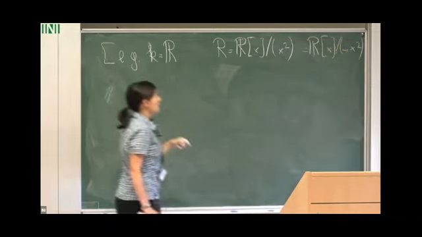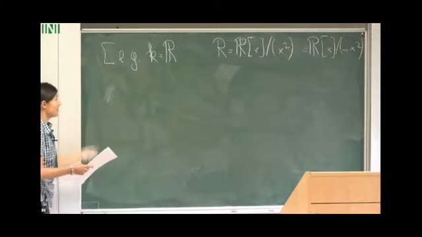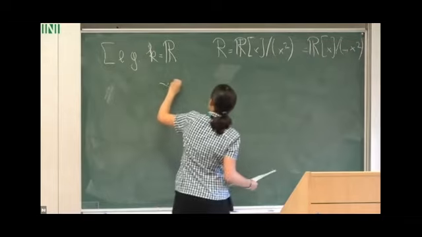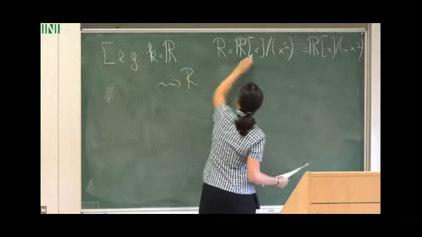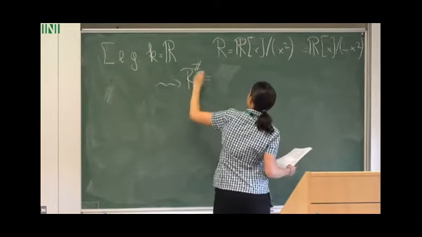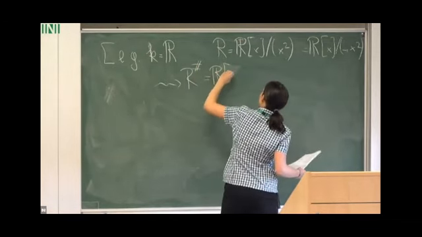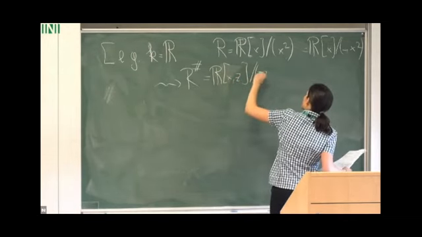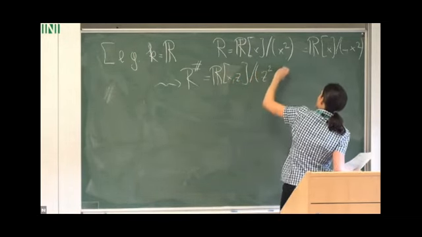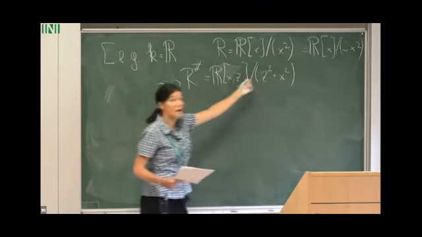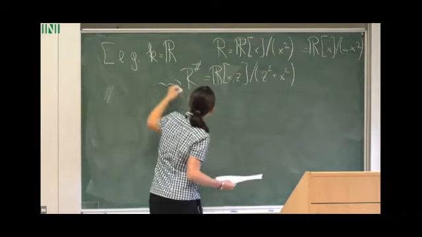But then if we add the Z, this is a problem, because R sharp is then ℝ[X,Z] mod Z squared plus X squared, which is irreducible over ℝ.